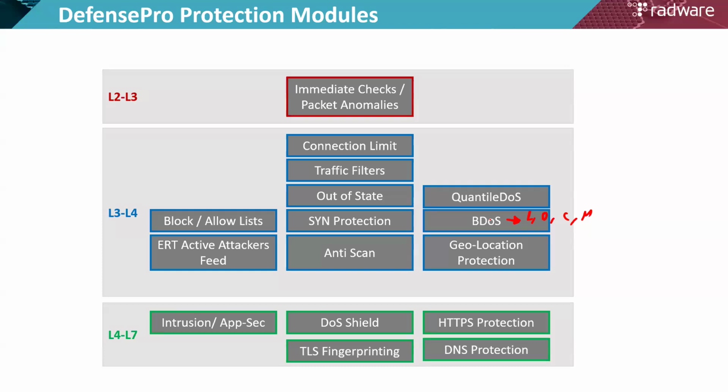If an attack has started, BDoS moves into the characterization phase, wherein we create a real-time signature, and then we go to the mitigation phase, where the real-time signature is attached to the attack traffic. BDoS is used to mitigate volumetric kinds of attacks, basically your flooding attacks like SYN flood, TCP flood, ICMP flood, UDP floods, etc., or the DDoS attacks.